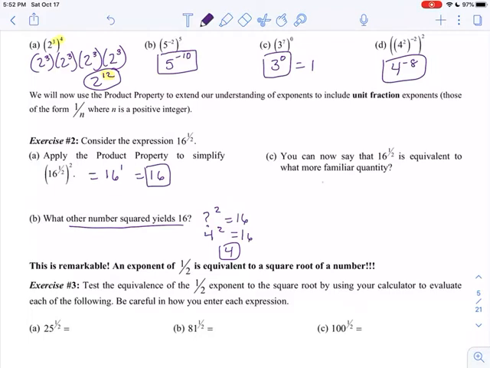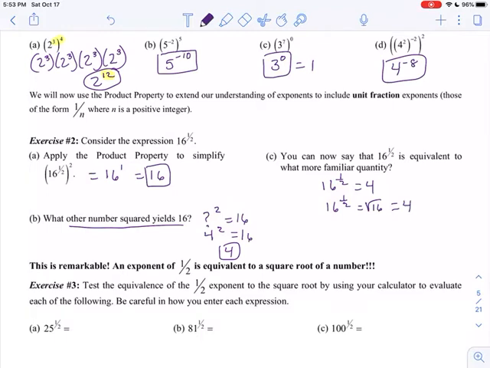4 squared equals 16. So 4 is the answer. So we can now say, I'm over here at C now, we can now say 16 to the 1/2 power is equal to 4. Another way to write 4 is the square root of 16. The square root of 16 is 4.